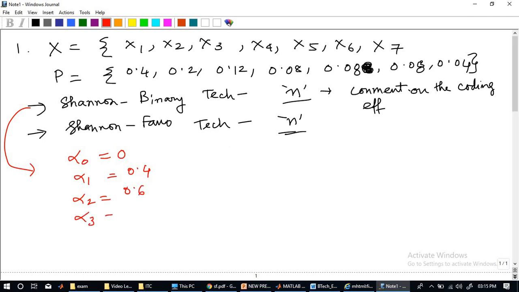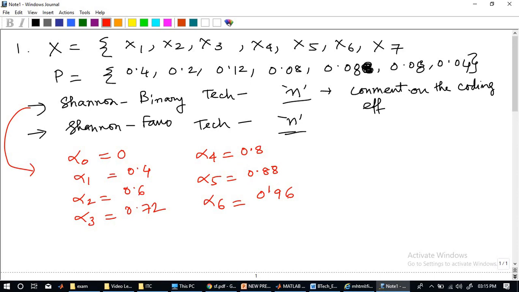Alpha 3: 0.72. Alpha 4: 0.8. Okay. Alpha 5: 0.88. Alpha 6: 0.96. This is where we end because we will not take the last sample.